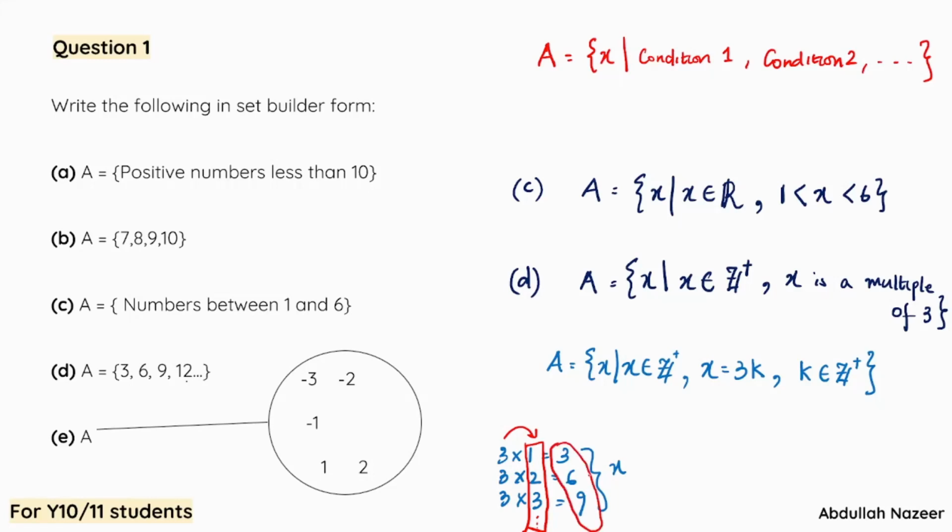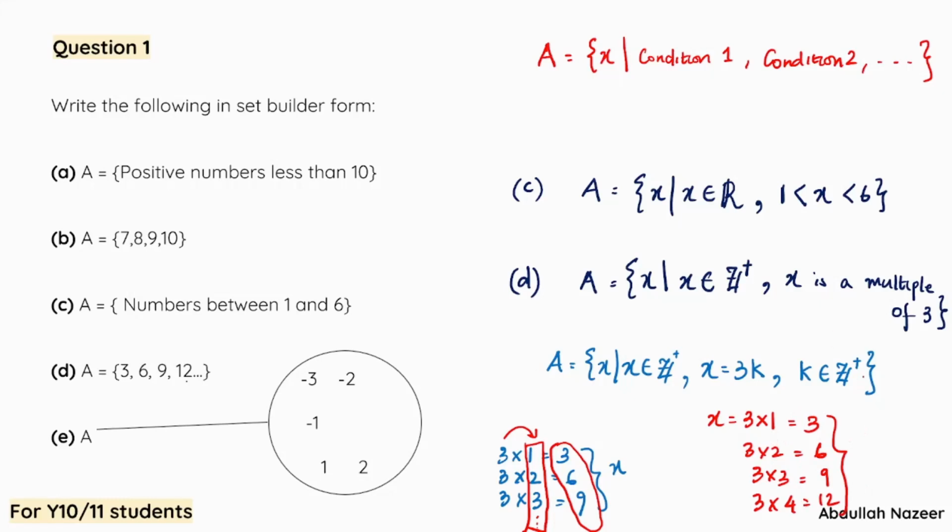So this x is equal to 3 times a number k, where k means all the positive numbers 1, 2, 3, 4, 5, starting from 1, and then k can be 2, and then k can be 3, and then k can be 4, and so on. So I finally get my multiples of 3 here.